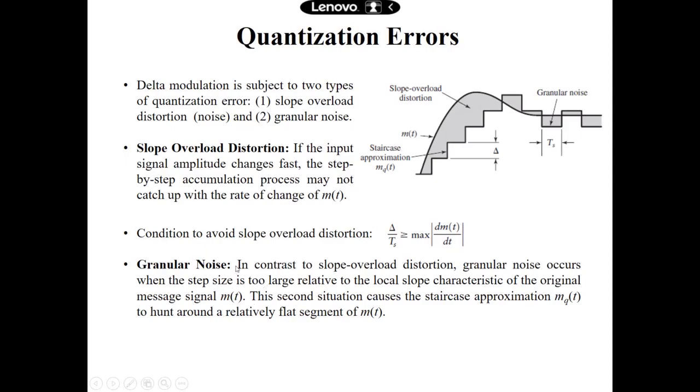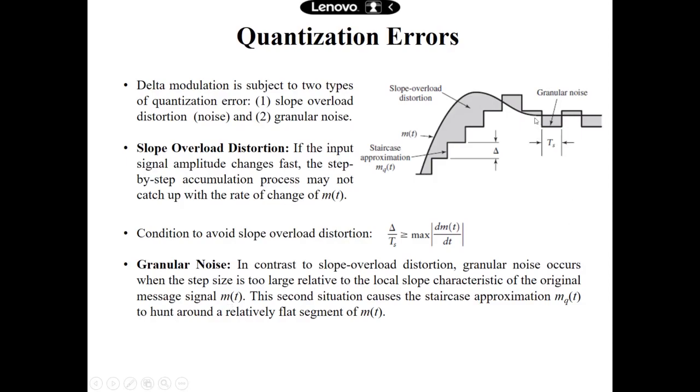Second is your granular noise. What happens here is that you have the message signal high. In granular noise, your step size is much higher than your message signal. So in contrast to slope overload distortion, granular noise occurs when the step size is too large relative to the local slope characteristics of the original message signal.